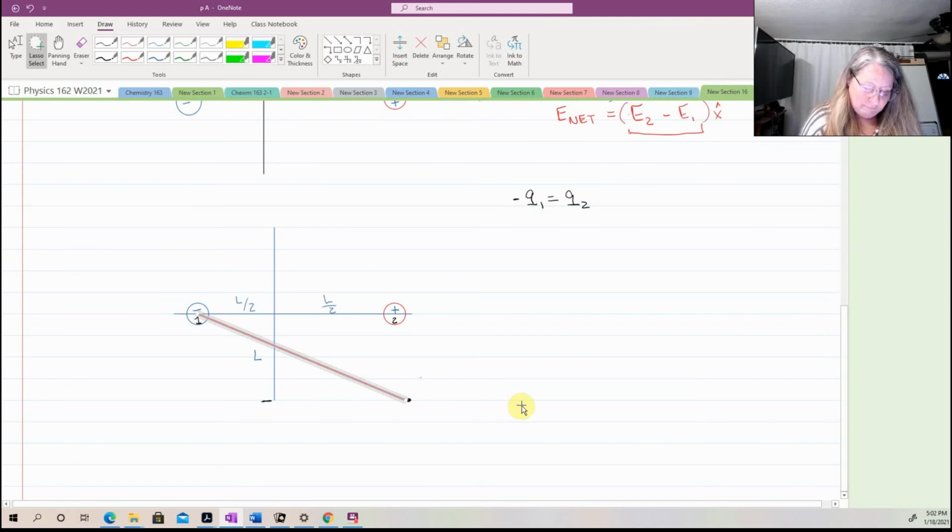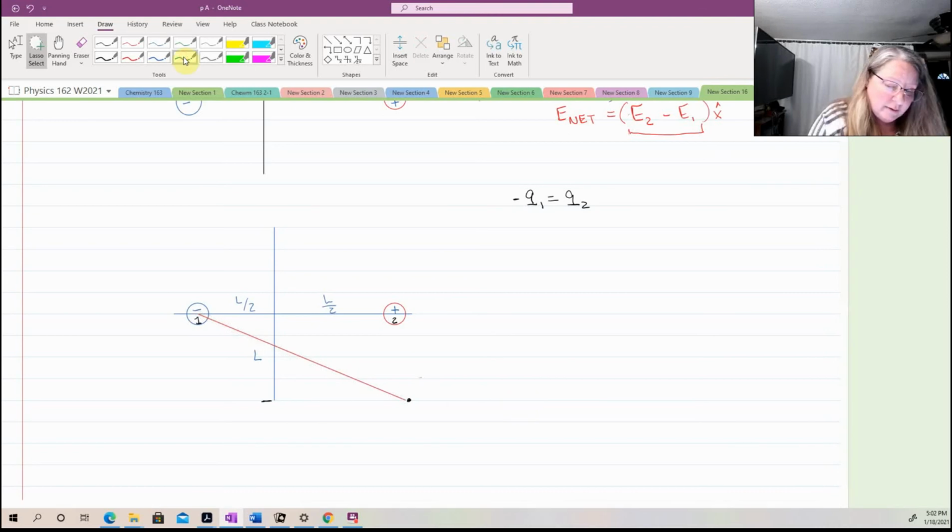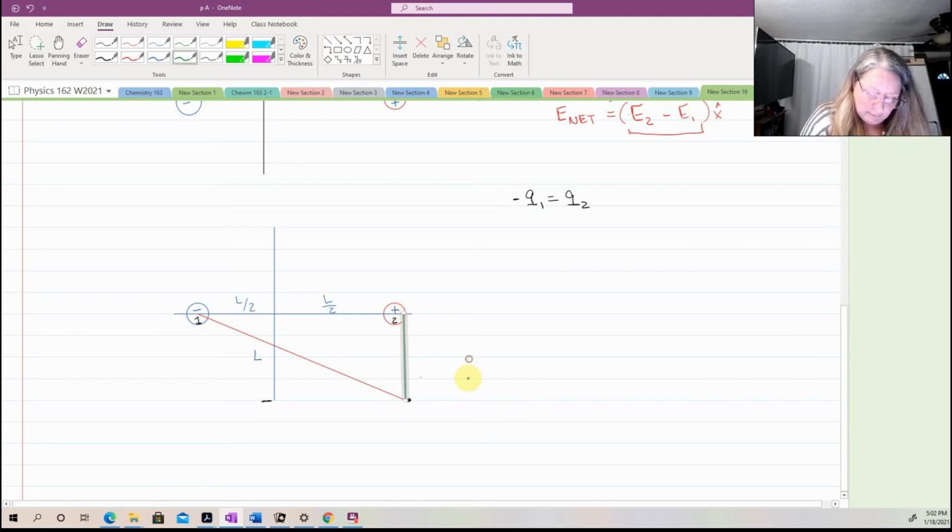There. And by the geometry of how things are placed, I can make myself a little triangle right there. Let's take a different color and a different line. So because we are going point to point, we're not taking a ride away from the two charges, we're just following this straight line.